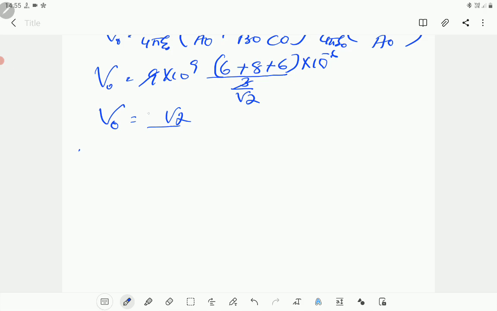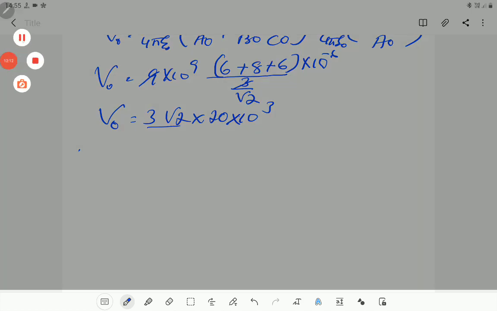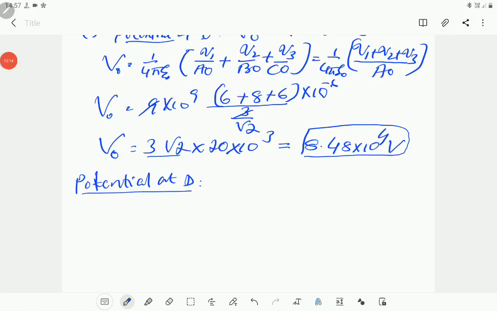You can do simplifications like this. Root 2 times 6 plus 6 is 12, plus 8 is 20, 10 raised to the power plus 3. That's the value. So the final value of this, yes, is 8.48 times 10 power 4 volts.